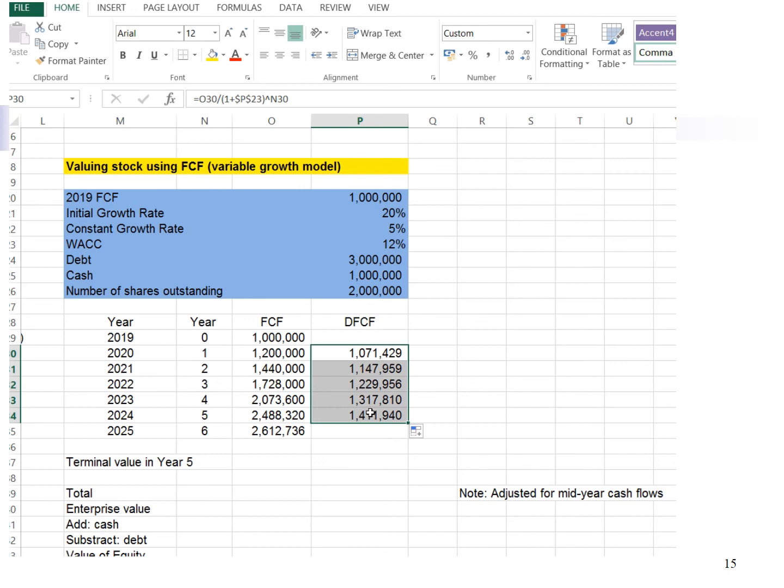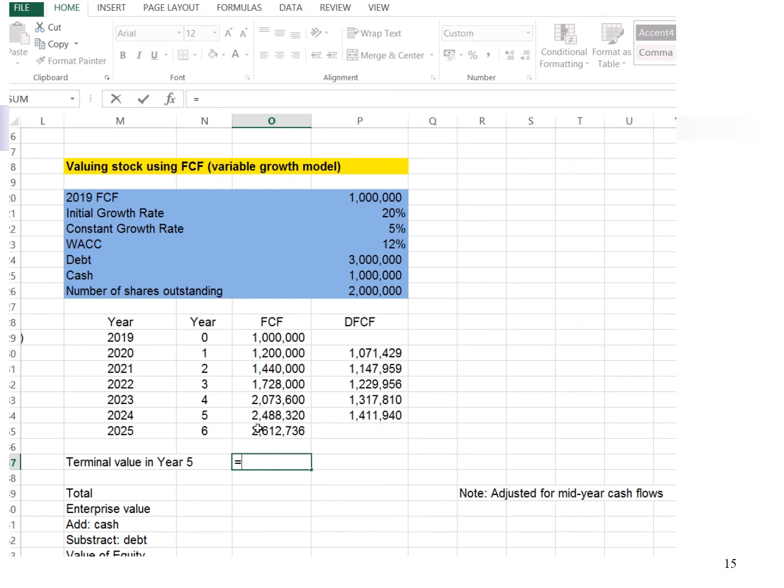Next, I shall calculate the terminal value in year 5. Terminal value in year 5 represents the cash flow in year 6 divided by weighted average cost of capital minus the constant growth rate. This is a Gordon growth model whereby we assume cash flow will continuously grow at 5% after year 5.